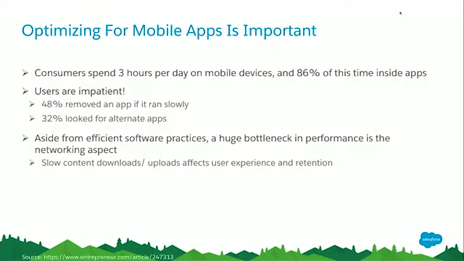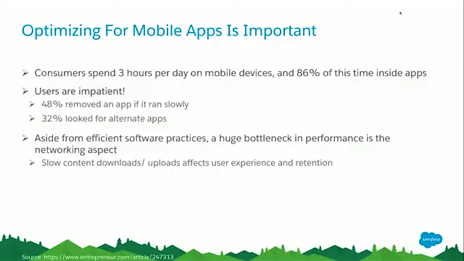And people are impatient. They want quick downloads, quick results. Close to half of the people remove the mobile app from their phone if it runs slowly. Close to 1/3 immediately look for alternate solutions if they weren't happy with the performance of a mobile app. So it's extremely important to optimize mobile apps for performance, for user experience and customer retention.